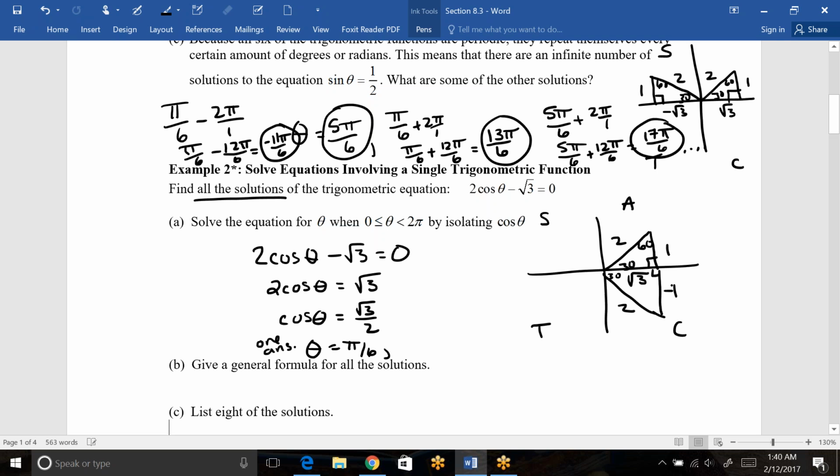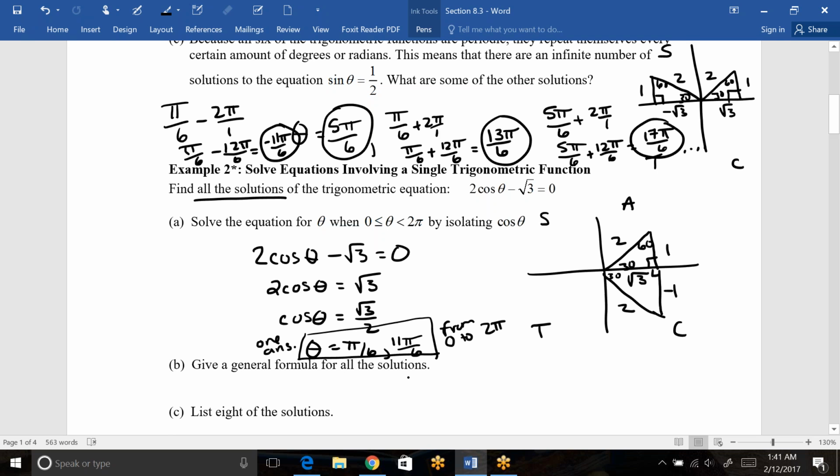So this is the angle 11 pi over 6. So between 0 and 2 pi, these are the two solutions. Those are the two quadrants where we get positive cosine values that are square root of 3 over 2.